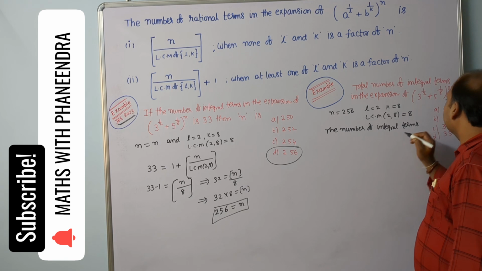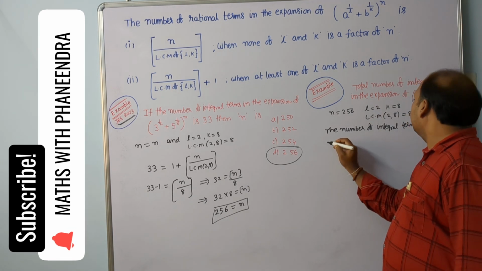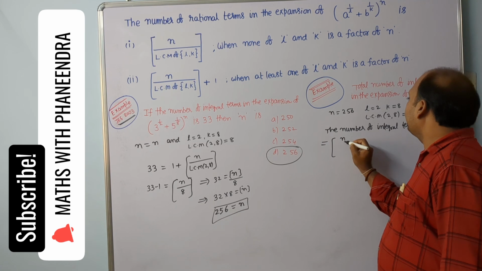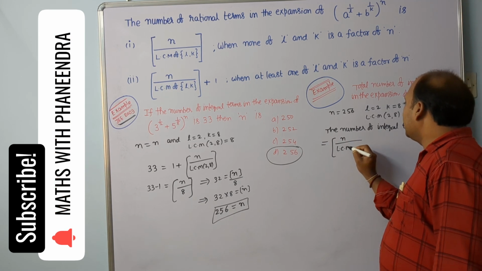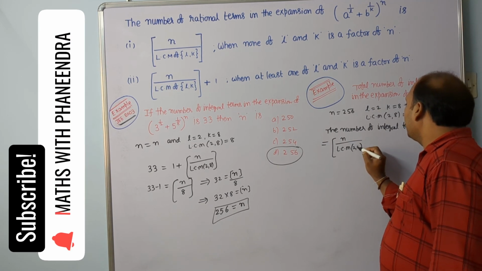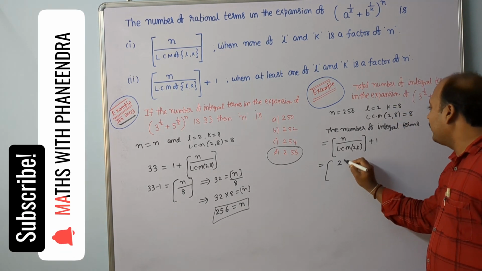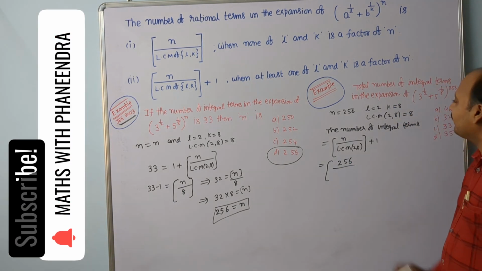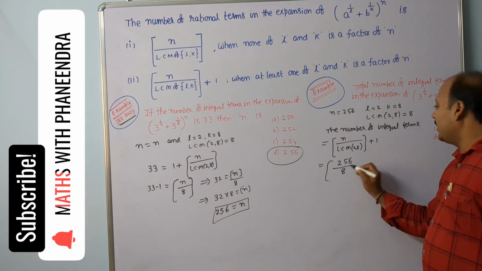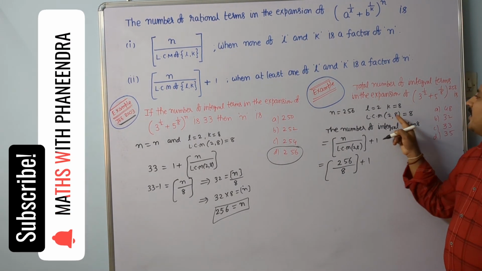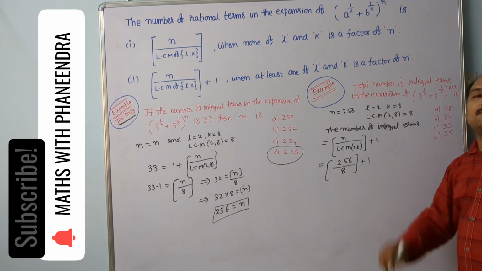The number of rational terms equals step of n by LCM of 2, 8 plus 1. So n is 256, LCM of 2 and 8 is 8, plus 1. Why are we adding plus 1? 256 is a multiple of 2 absolutely.